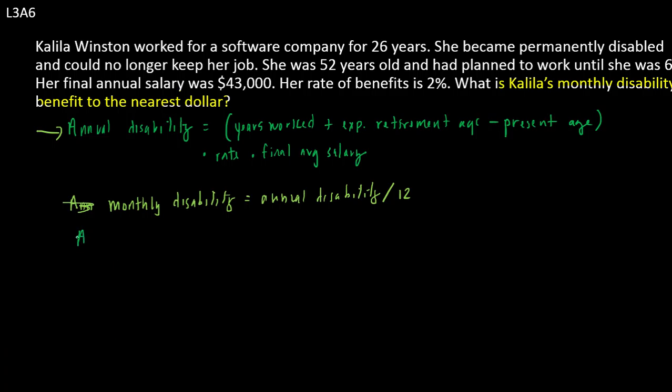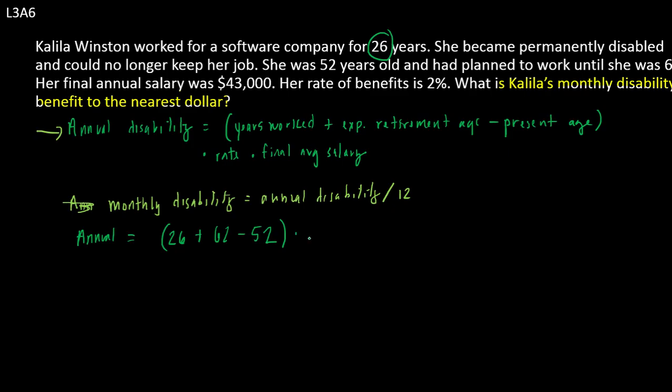So her annual disability benefit is equal to years worked. Well, they tell us that she worked for this company for 26 years, plus expected retirement age. She was expected to retire at 62, but actually retired at 52. So we subtract off 52.